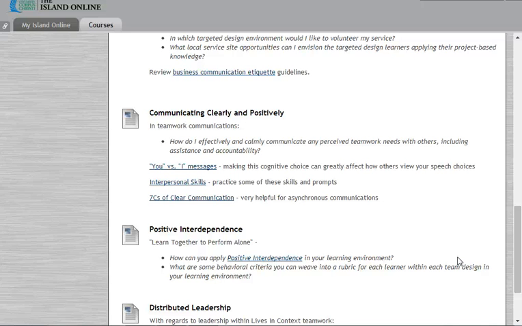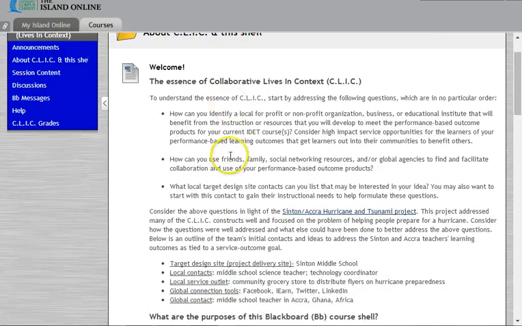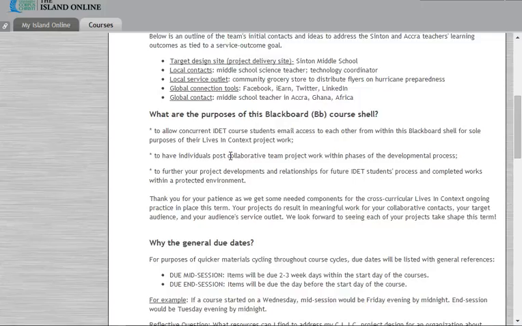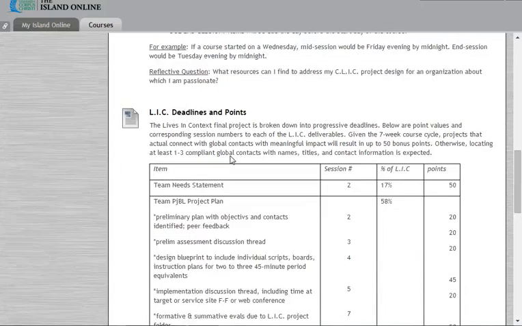This is where service-based PBL comes in. IDET teams could design, develop, and implement projects that would provide solutions for the needs of the after-school program and the ER clinic.